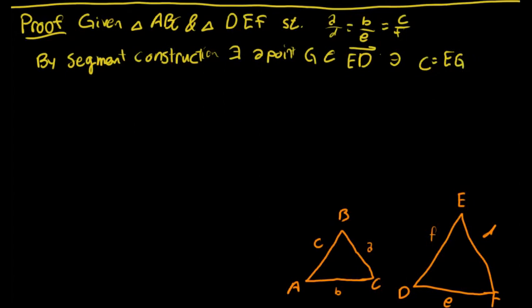So we'll label point G. We'll say it's about right here. So this length right here is C.